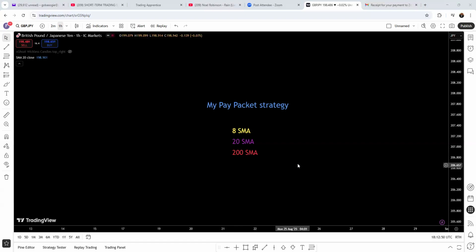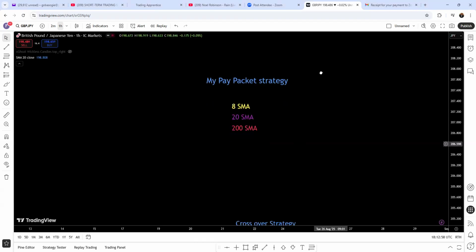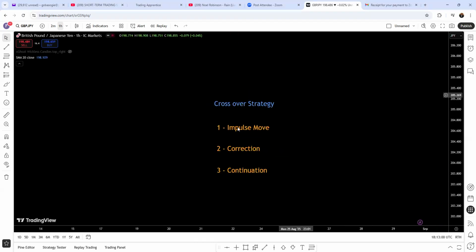Okay, so these are the moving averages you would need: the 8 SMA, the 20, and the 200 SMA. What we're going to be looking to do is look for impulse moves in the market, where it shoots either up or down.